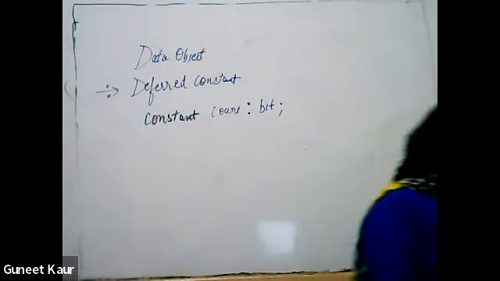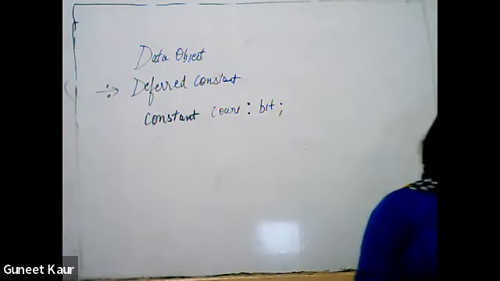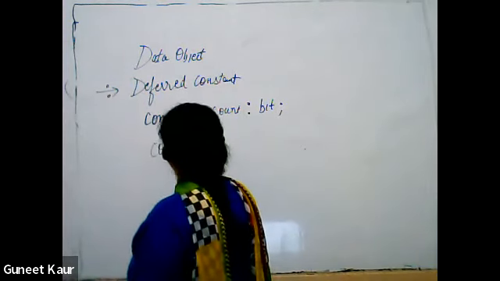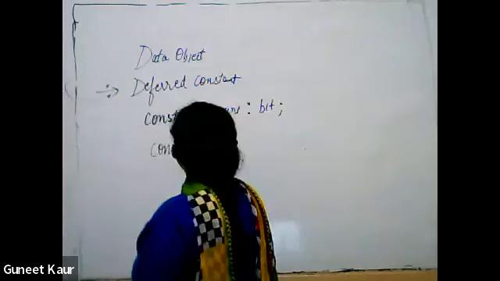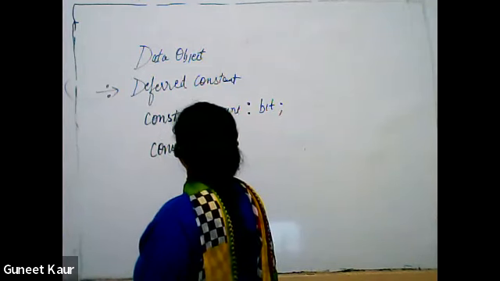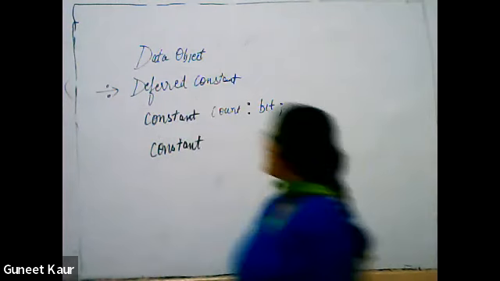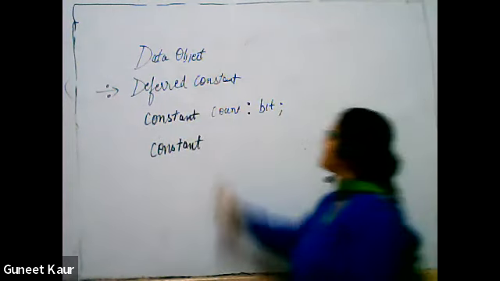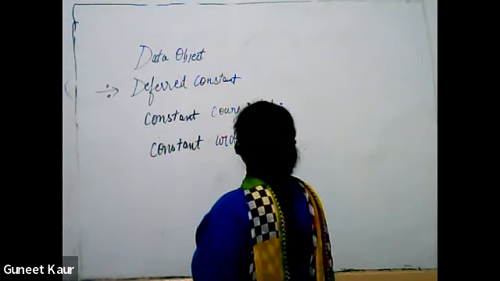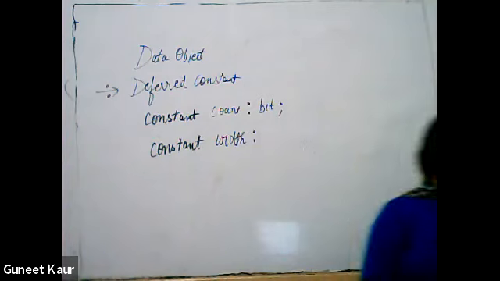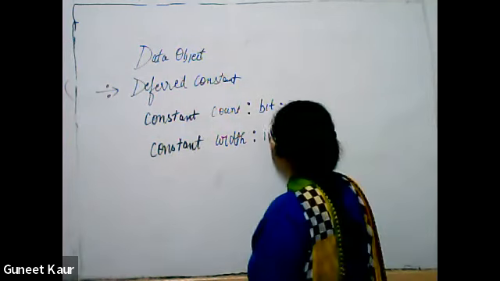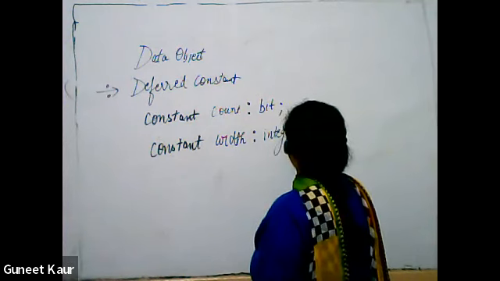Another example is constant, keyword in bold, name is width, colon, of type integer, semicolon.